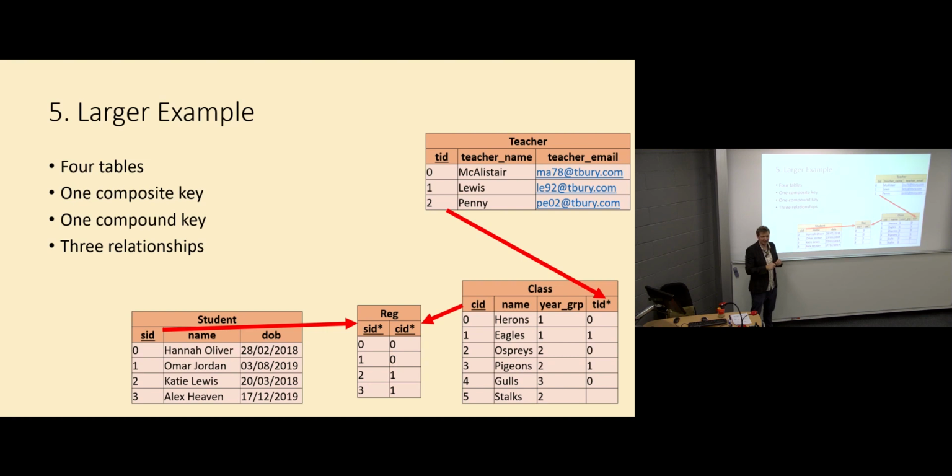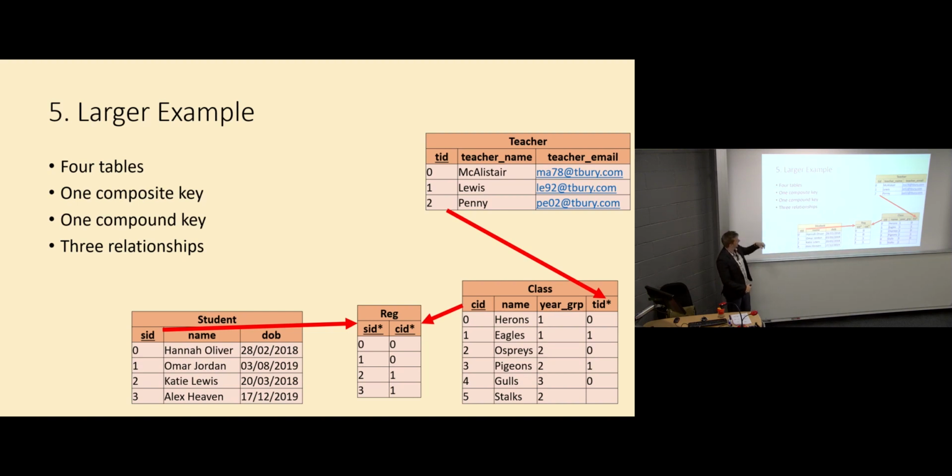CID? No. What table contains the compound key? Reg. Yeah, good. So it's a composite key and a compound key, because compound is a subtype of composite. So it's a composite key at the high level, but it's also a compound key because it contains those foreign keys. So you were right when you mentioned the foreign keys, as I think many of you were suggesting, the CID and SID. But because they're part of a composite key, that makes them a compound key. Okay? So we can see how students are registered to classes, and classes have an allocated teacher.